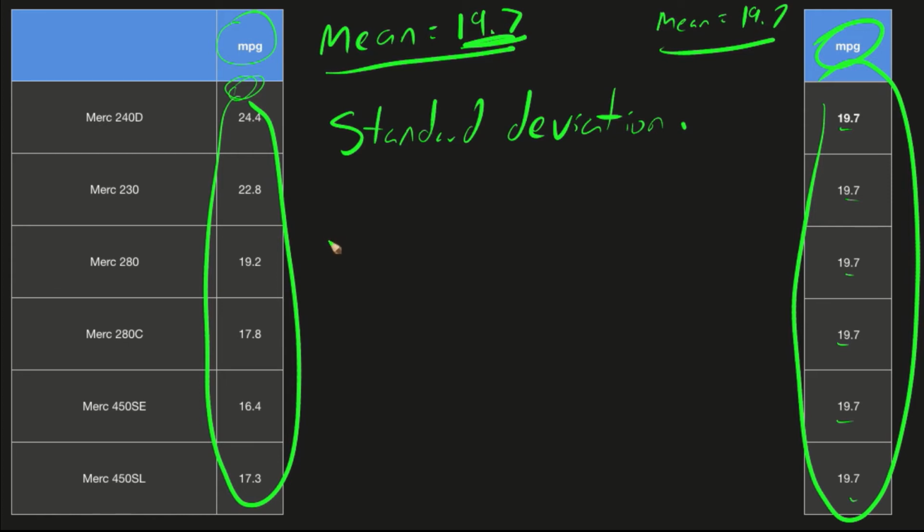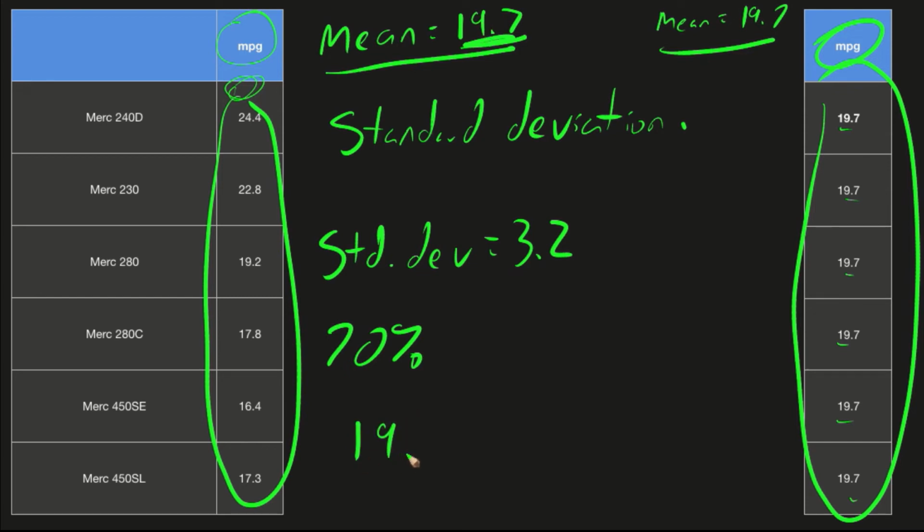But what I'll say is that the standard deviation, and we'll abbreviate it as standard dev here, for the data set on the left is 3.2. What that means is that 70% of all the observations are within 3.2 values of the mean. So you could represent this as saying 19.7 plus or minus 3.2.